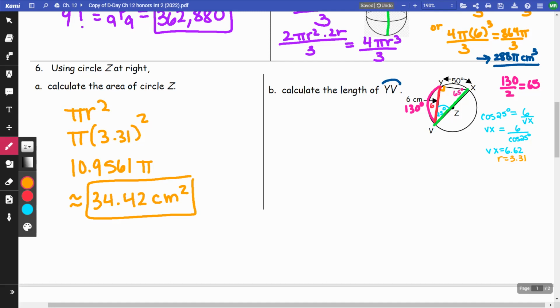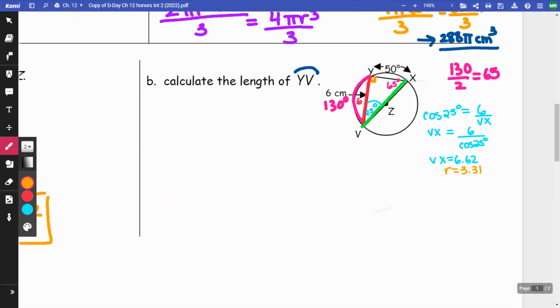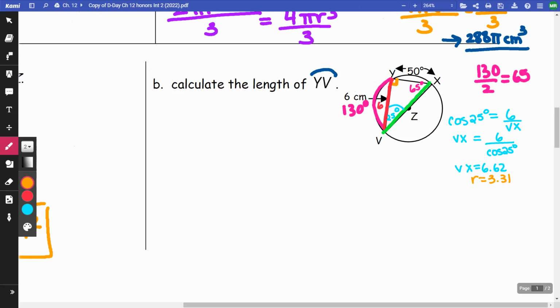Now, on the next one, they want the arc length of YV. So that arc length is going to be part of the circumference. Okay, so I'm going to have 130 out of 360 times my circumference.